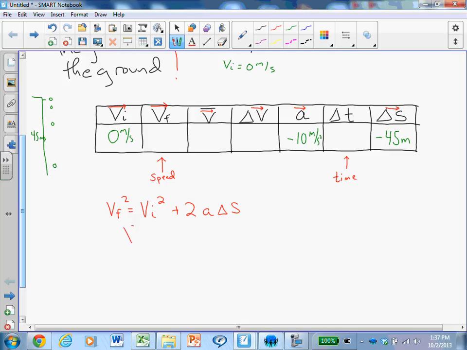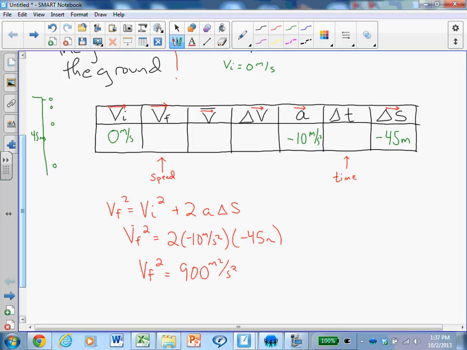And you get VF squared, because VI is 0, 2 times minus 10 meters per second squared times minus 45 meters. So VF squared equals 20 times 45, which is 900 meters squared per second squared.